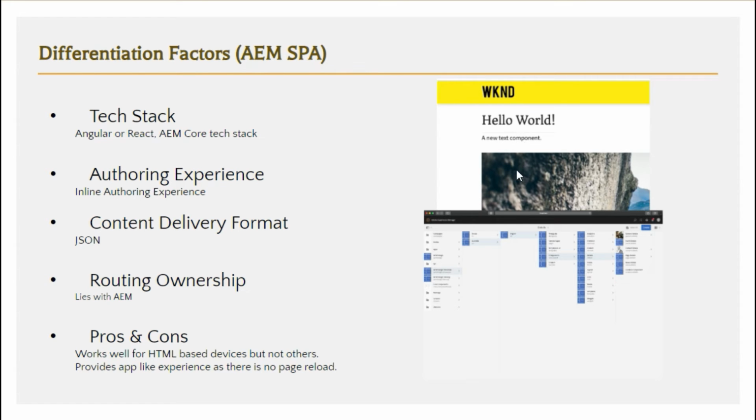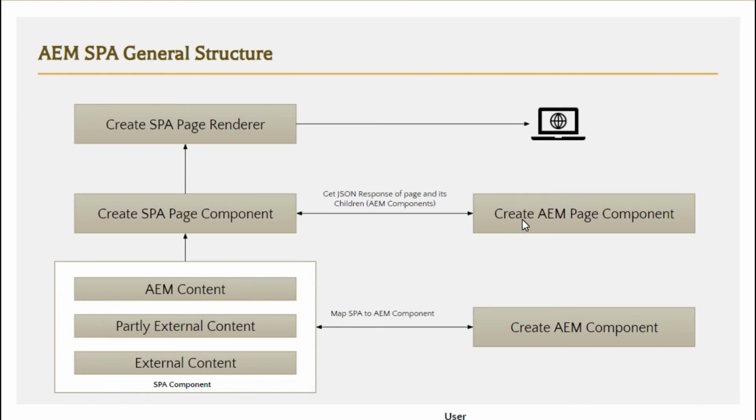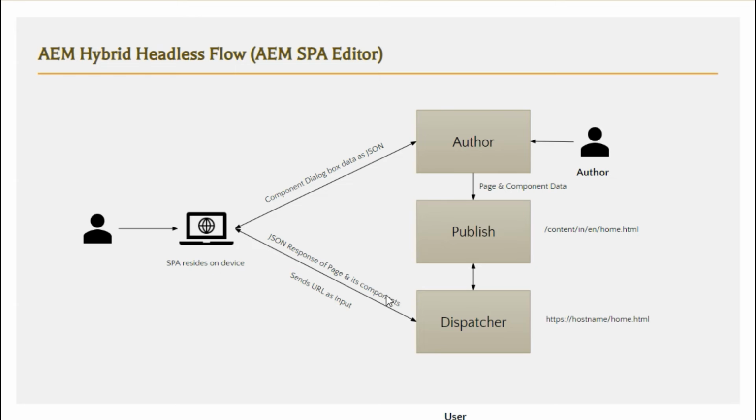And once authors add that component on the page, whenever the request comes here, that request will be translated to the long URL, and that URL has that commerce component also.